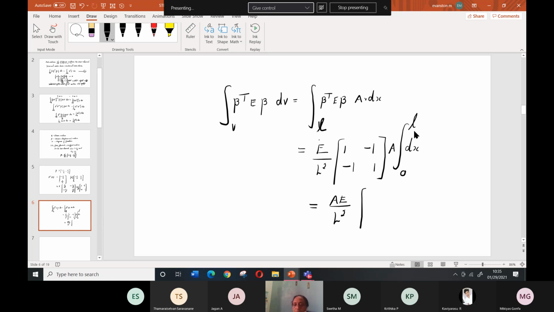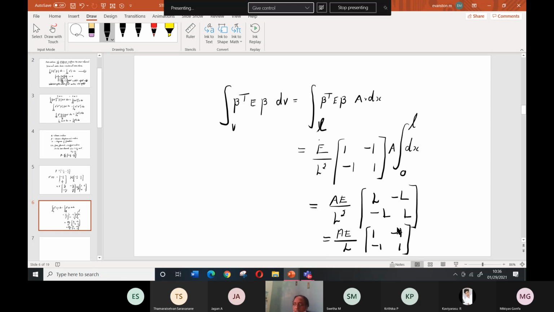When you substitute the limits, you get L minus 0. So if I cancel the common L, what will I get? AE by L into 1, minus 1, minus 1, 1.